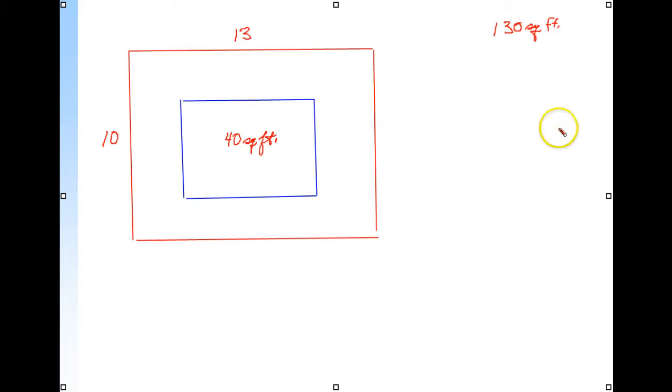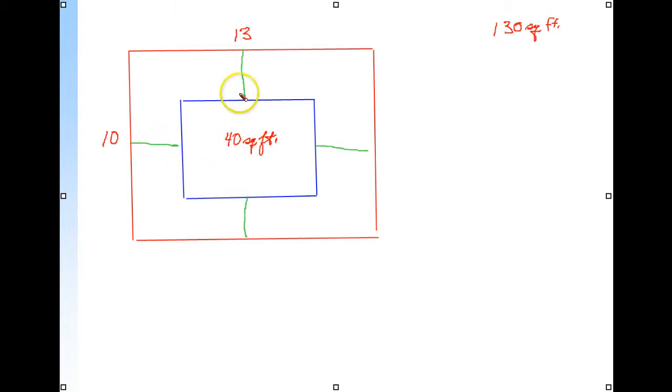So we want something around the sides from here to there, and from there to there. These are all going to be the same because we want a uniform border all around this rug, but we still want to find out the dimensions of this rug.